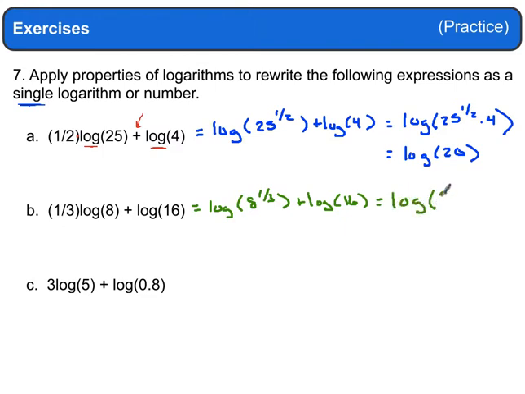So log 8 to the 1/3, let's fix that 3, and we're going to multiply that by 16. So it turns out the cube root of 8 is 2. And so 2 times 16 is 32. So we end up with log 32.